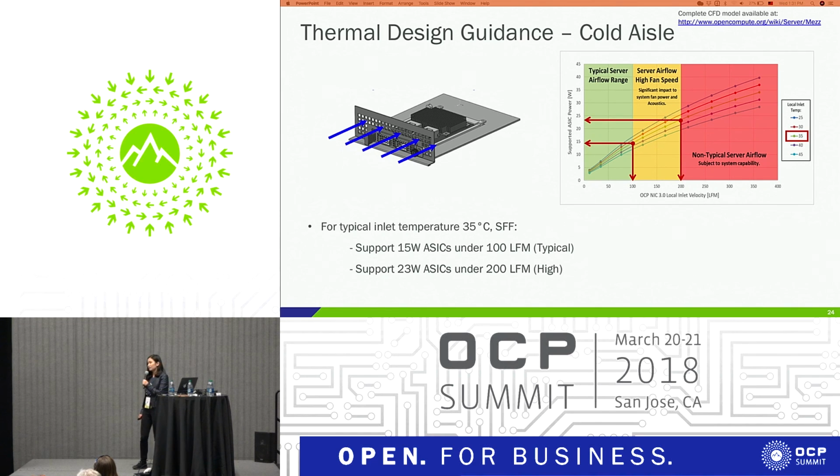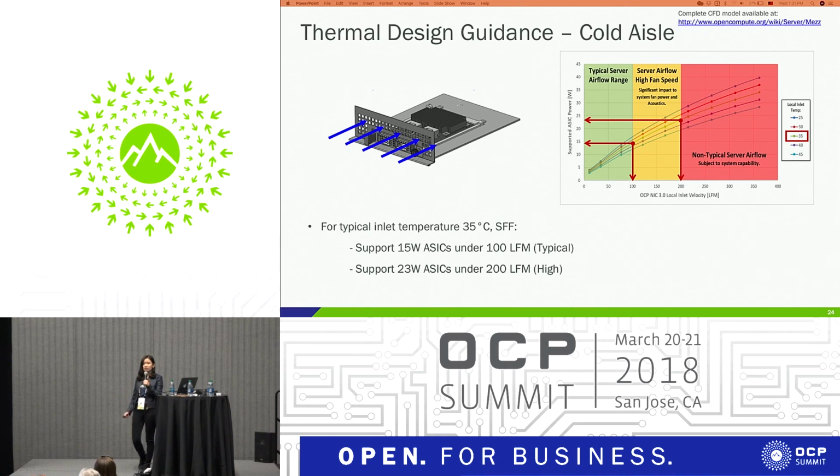Another thing I want to highlight is that the NIC 3.0 can go into 2 different kinds of use cases. One is what we call front I/O, which means the cold air directly passes through the NIC and then goes through the GPU, and the fans take it out of the chassis.